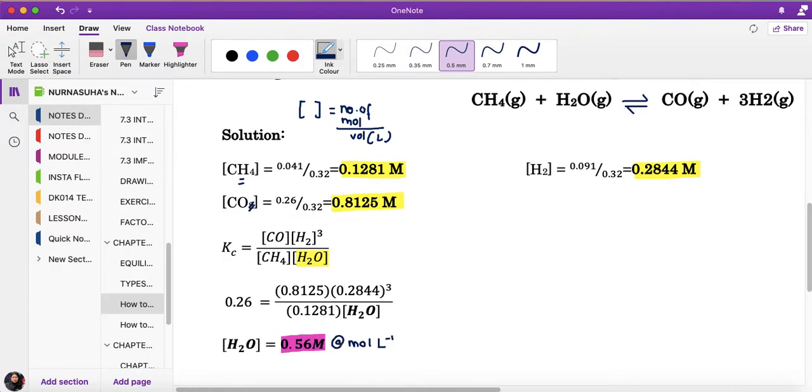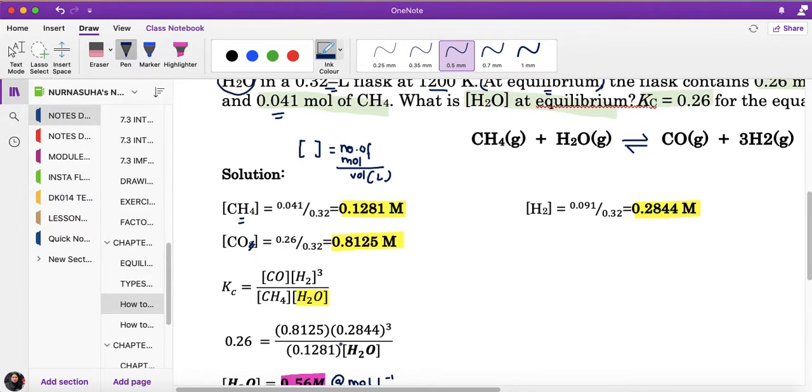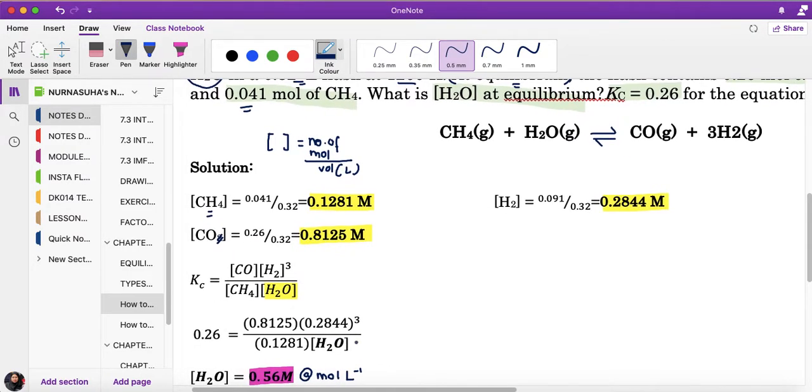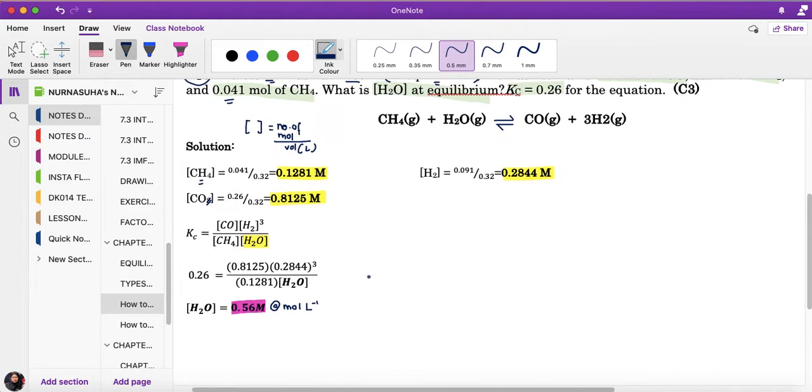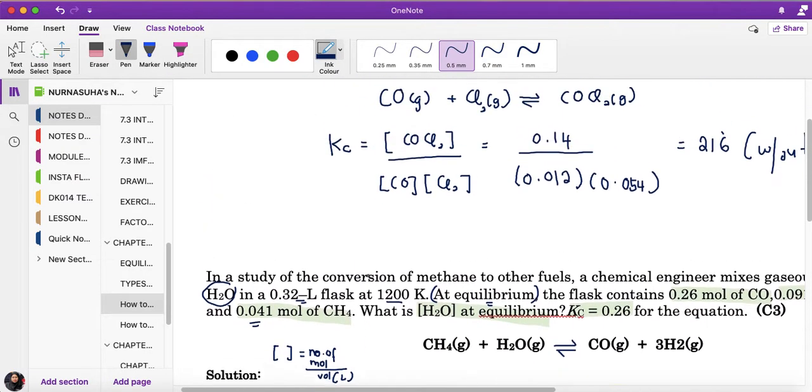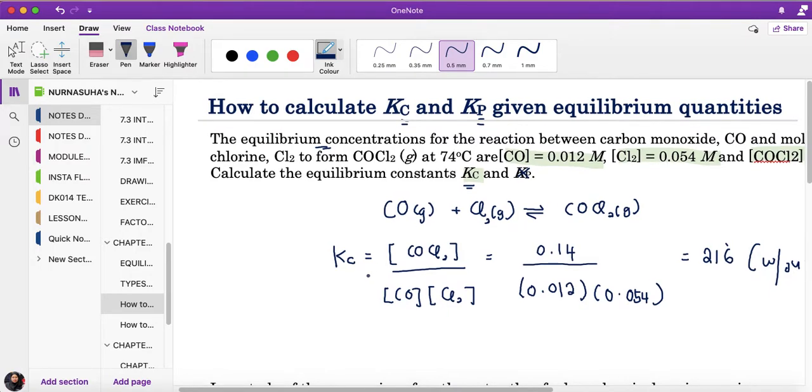Okay. So for these two examples, if you notice, we use the direct Kc formula. If it is Kp, then Kp. So how do we know when to use this formula? There is the phrase at equilibrium. It gives you the value, either mole or partial pressure or concentration, at equilibrium.